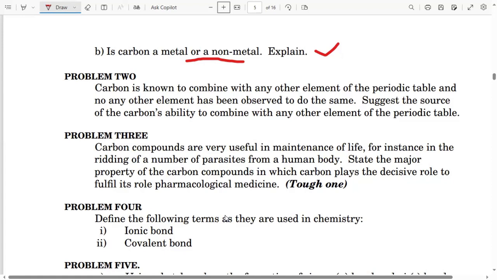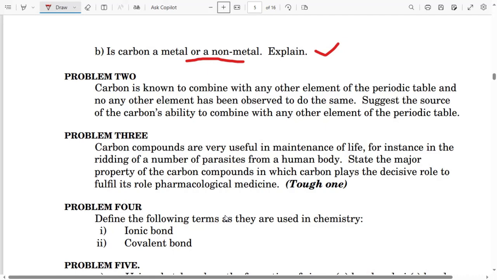Why? Because the principal bonds that it forms are covalent bonds, and we know that covalent bonds are a characteristic of non-metals. So in principle, some may say that carbon is a non-metal, because carbon forms covalent bonds by sharing electrons with other elements.